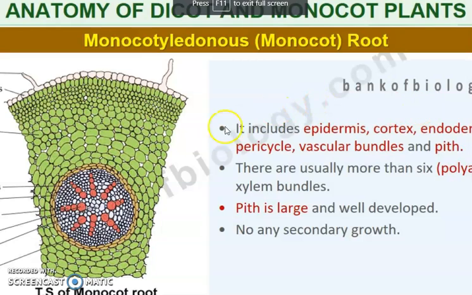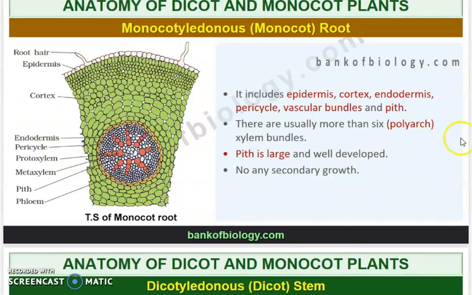Epidermis is the outermost layer, and you can see the cortex layer till here. These are thin walled parenchymatous cells which have intercellular spaces, and then we see the endodermis, and inner to it is the pericycle, and then comes the vascular bundle and the pith.